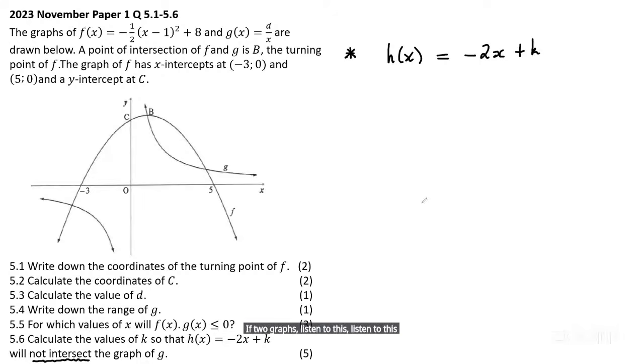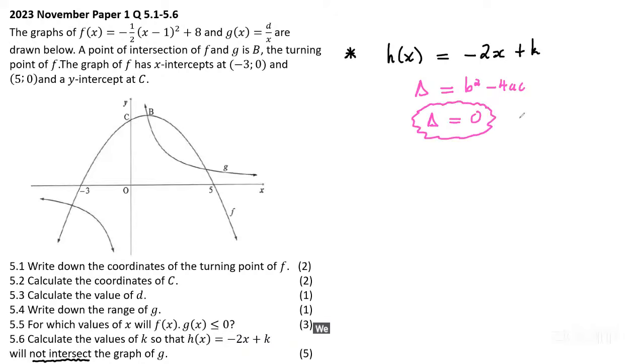If two graphs are to intersect, then their discriminant, which is b squared minus 4ac, must be equal to 0.